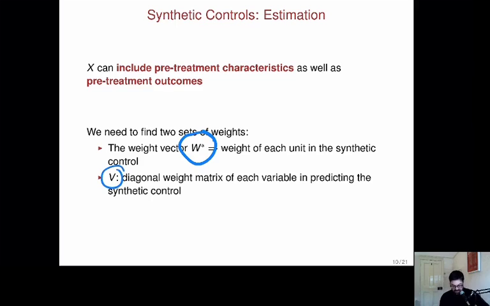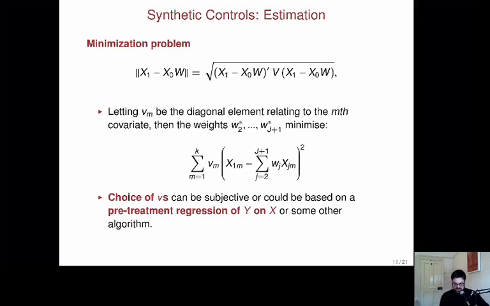So here is how this procedure works in practice. We want to minimize the distance between the target variables, that's x1, for the treated group, and the same for the counterfactual. That we simply do by minimizing the square root of the squared weighted difference between those two. That's what's shown here, the expression under the square root.